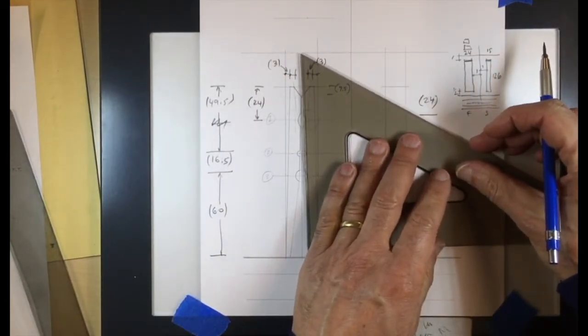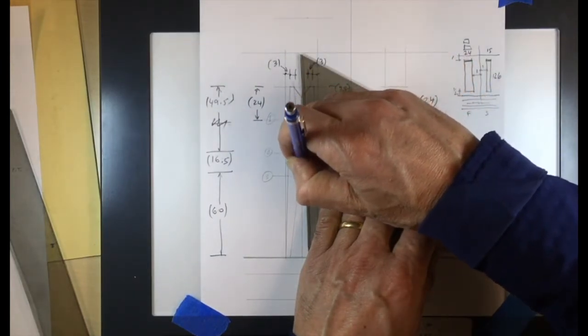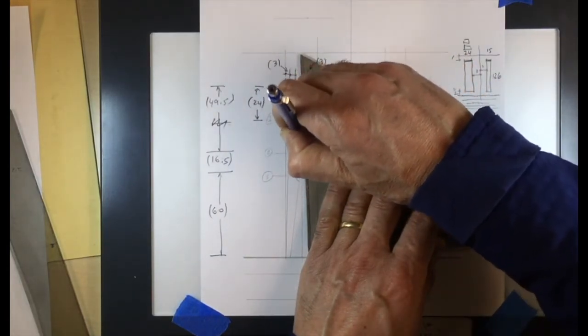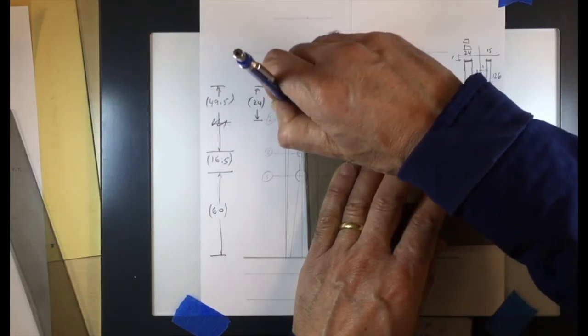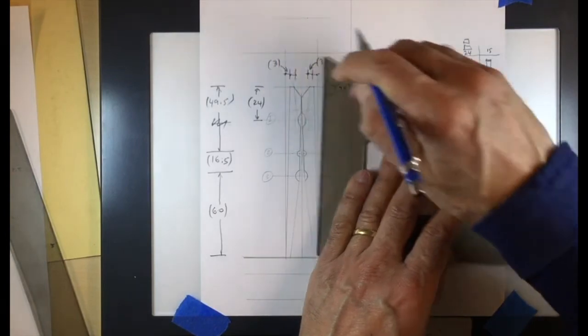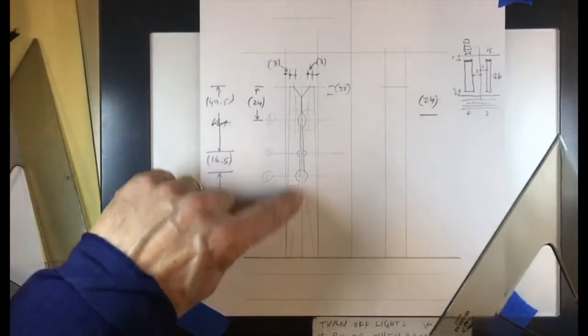So we have this little skyscraper. That'd be cool if they did a skyscraper in the shape of a clothespin. Okay, that's good. And now I'm going to finish this part right here.